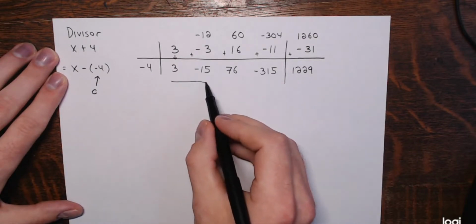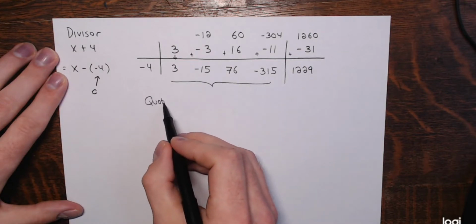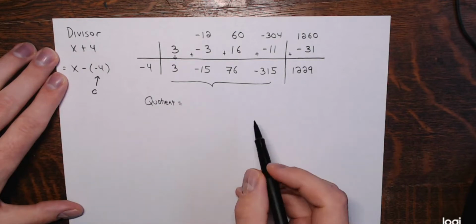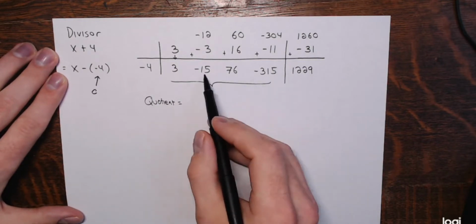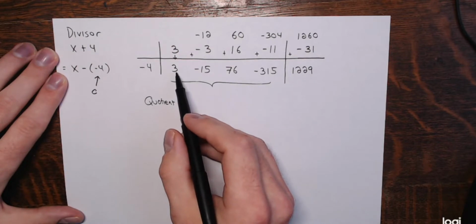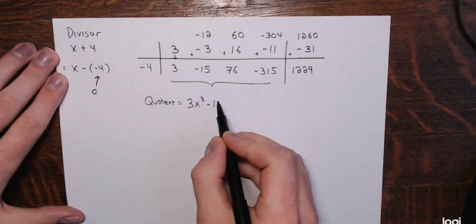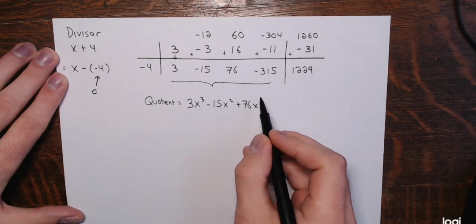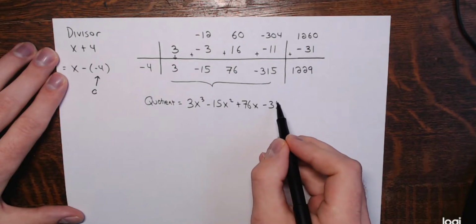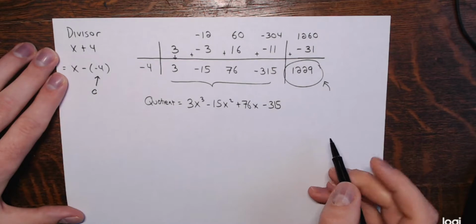So the quotient would be, remember, this would be the constant term, negative 315. Then first power, second power, third power. This would be a third degree polynomial: 3x cubed minus 15x squared plus 76x, and then minus 315. And then here's the remainder of 1229.